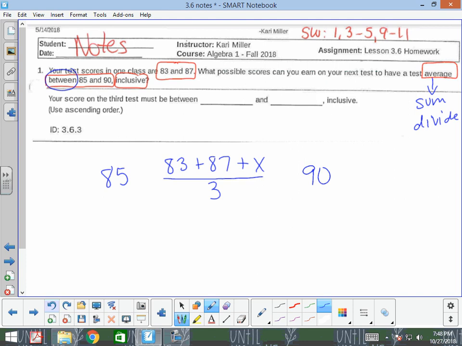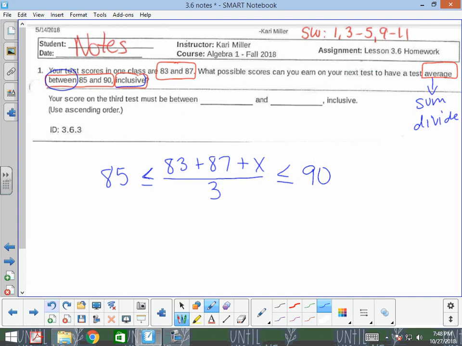Now, in order to be between, we're going to use this symbol. If you read it backwards, that means this is greater than or equal to 85. Then it's going to be less than or equal to 90. So what this means is it's between 85 and 90.